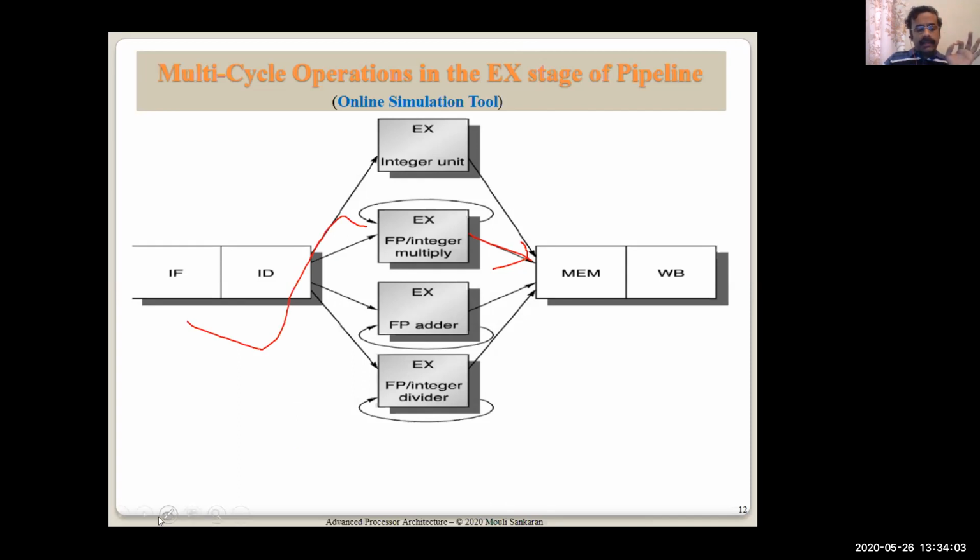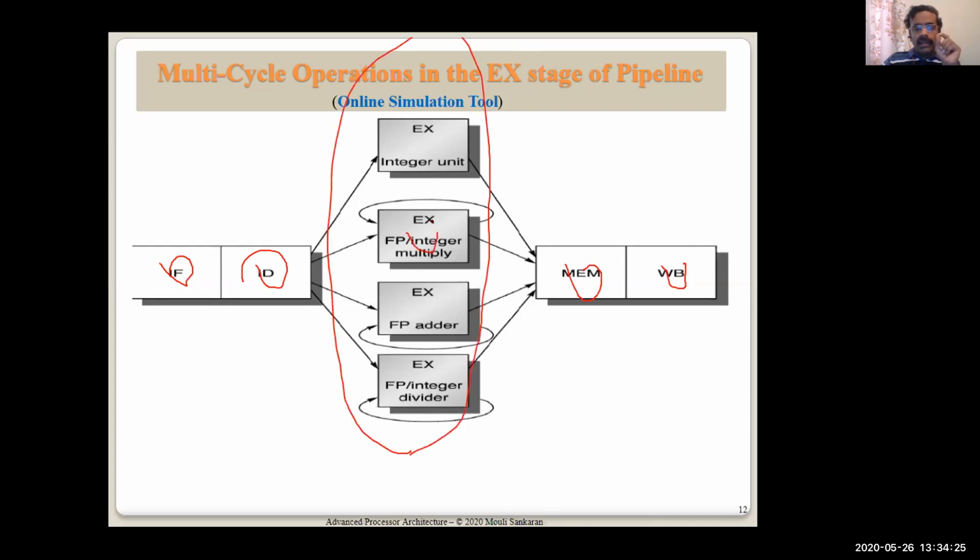The fact that there is only one pipeline like this is shown, only one stage, one hardware unit is shown. That means only one instruction can be in this stage, one instruction here, and one instruction here. So there will be one instruction in one of the modules based on what is coming in.